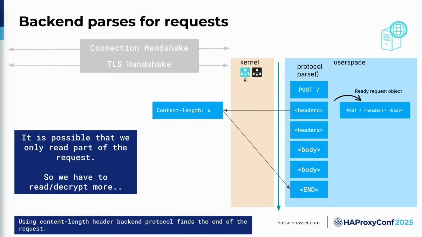So that's not a full request. Let me read more. And so that cycle keeps going until we have a full request object. And that request object then gets sent to whichever handler, and we're not ready to execute yet, by the way. Not yet.